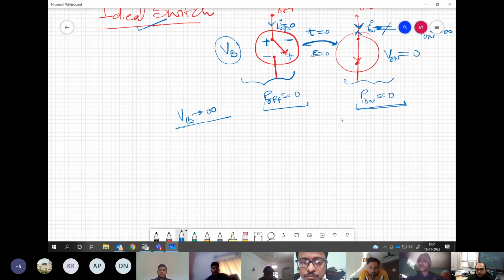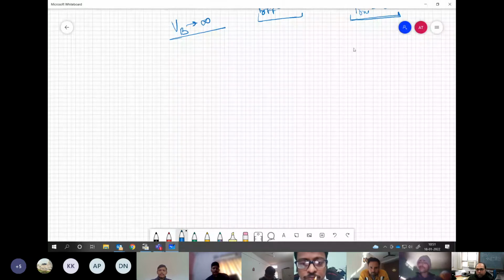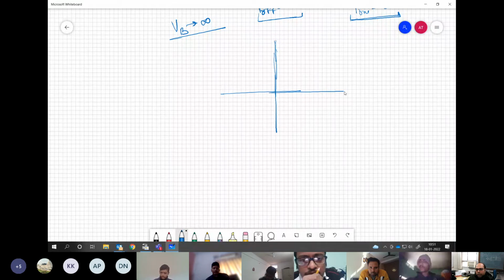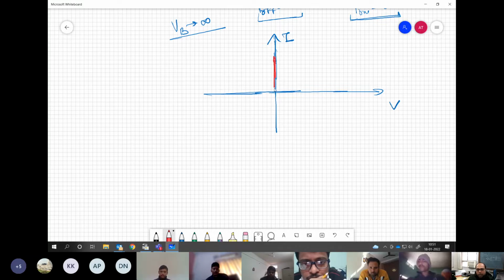Now if we have to draw, because everything we understand from voltage current characteristic, the IV characteristic of this switch, ideally it can conduct any current, positive as well as negative, and it can block any voltage, either positive or negative.